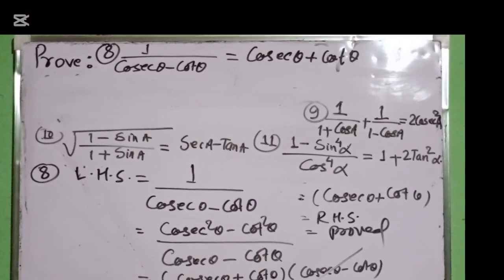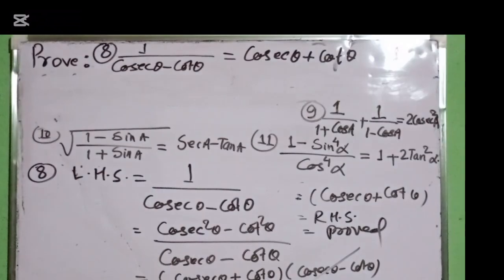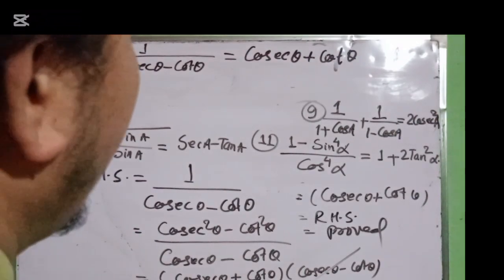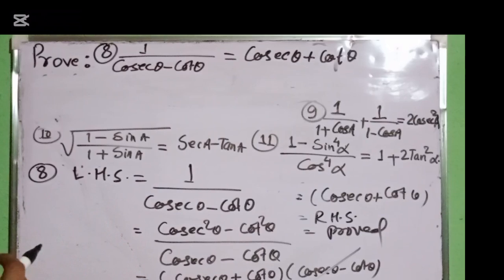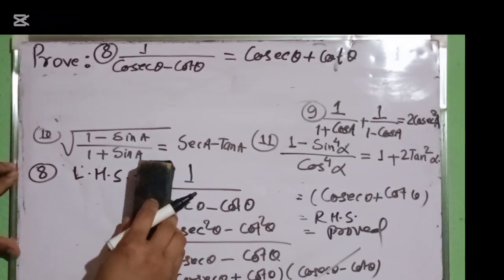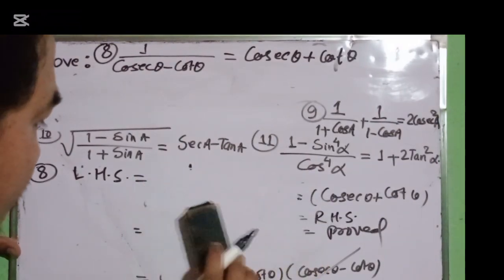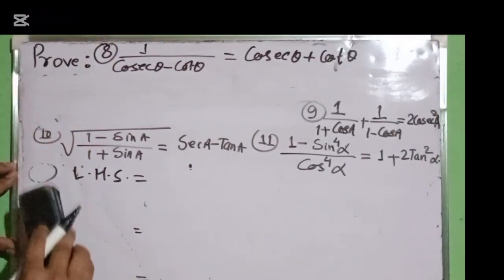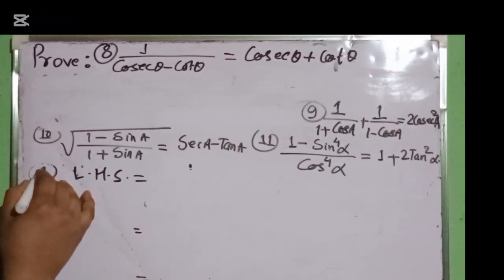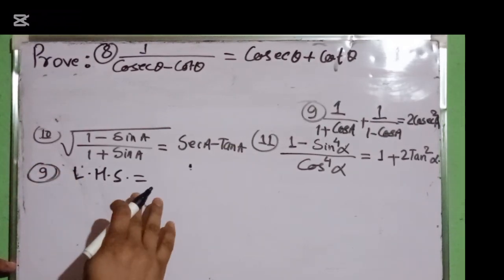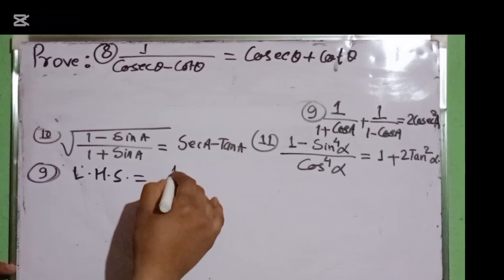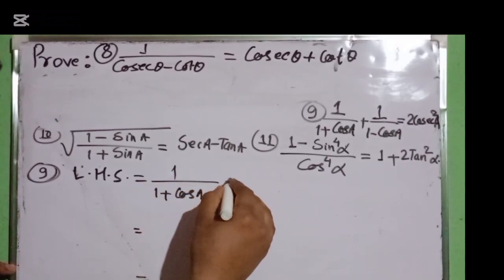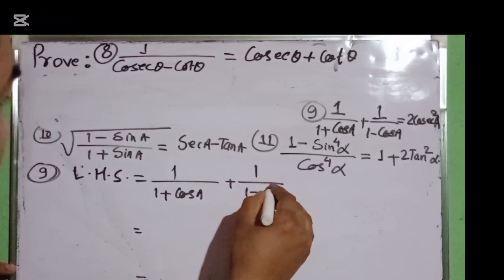Now let's move to question number 9. For question number 9, what to do? Look here, Salim. Question 9 is given there, left hand side: 1 by 1 plus cos a plus 1 by 1 minus cos a.